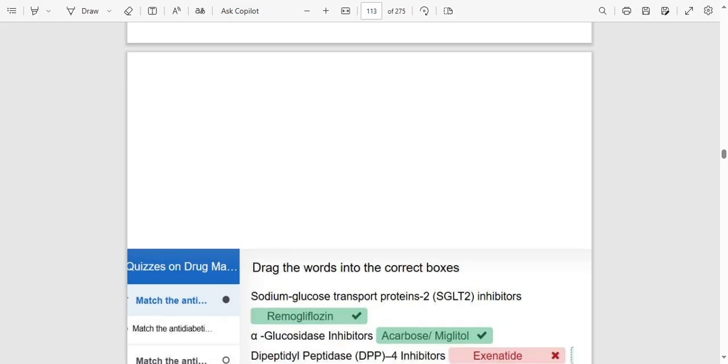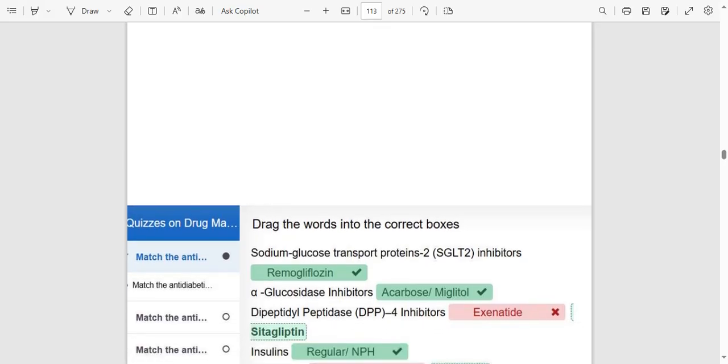And then DPP-4 inhibitors. So these are basically incretins. Any example of an incretin? Sitagliptin. We have natural incretins like GIP, glucose-dependent insulinotropic polypeptide, and GLP, those are natural ones that will reduce glucose.